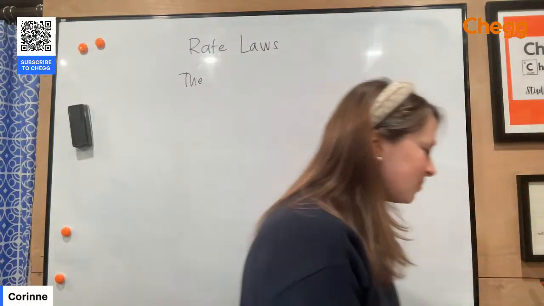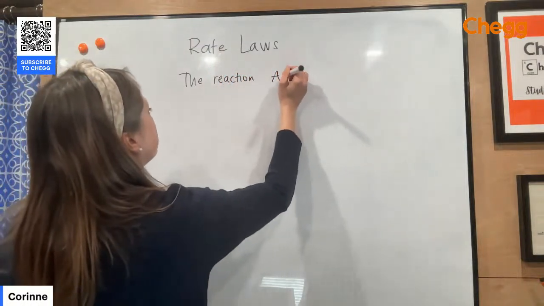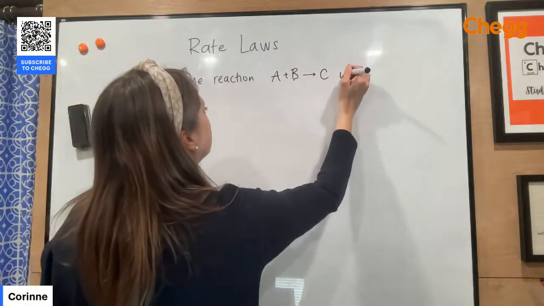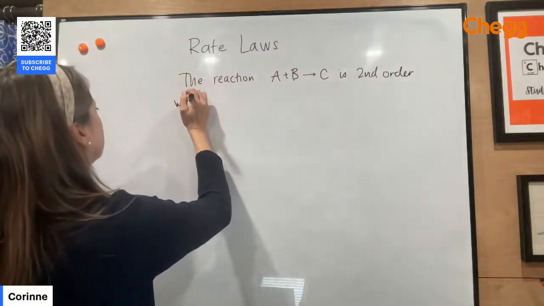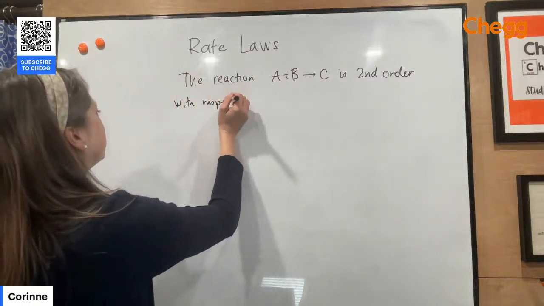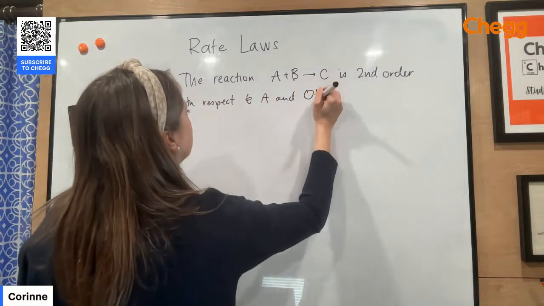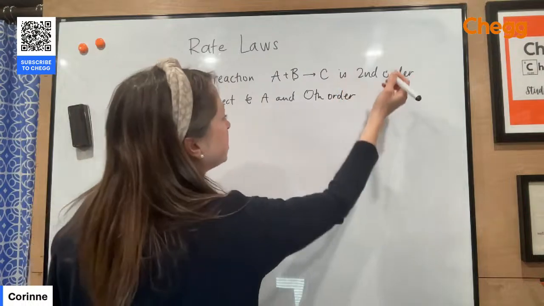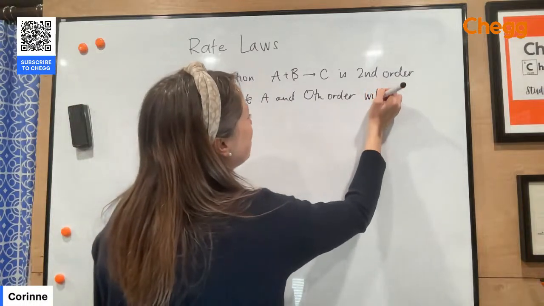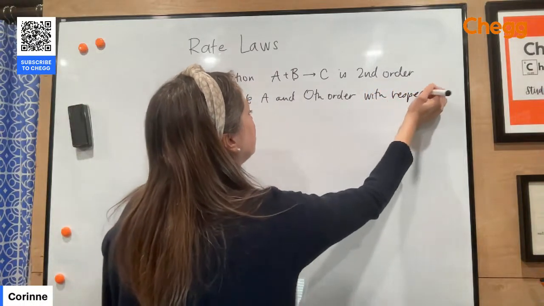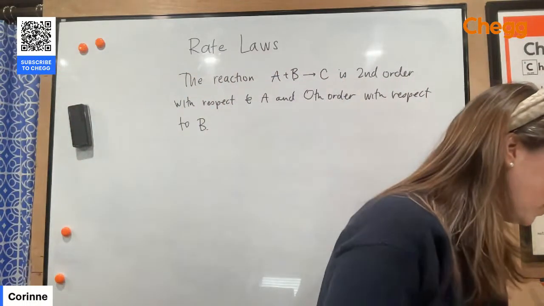All right. So the reaction A plus B goes to C is second order with respect to A and zero order, do you say zeroth? Do you say zero? It's a point of contention. With respect to B. Hardest part for me is actually writing these questions out.